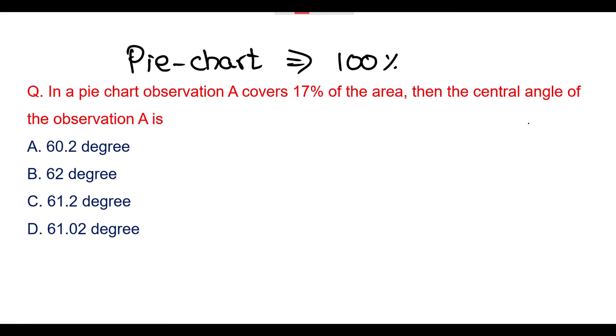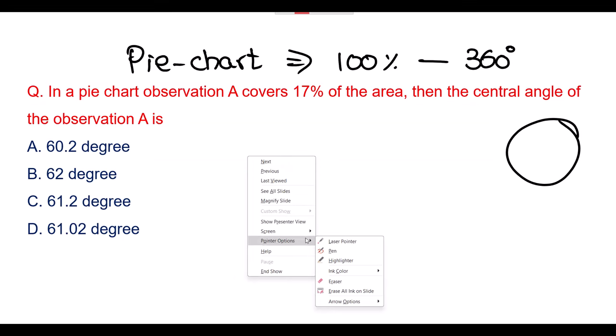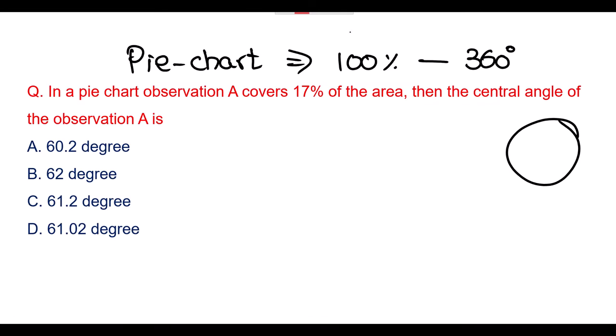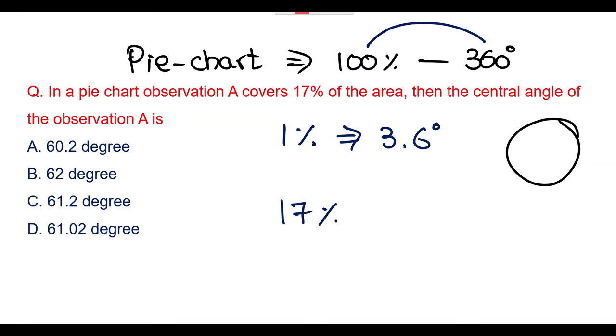And then in terms of angle, pie chart means for full circle, it should be 360 degrees. So 100% is nothing but 360 degrees. 1% is 3.6 degrees. 17% is 17 into 3.6, which is 61.2 degrees.